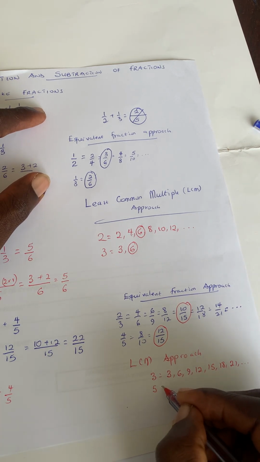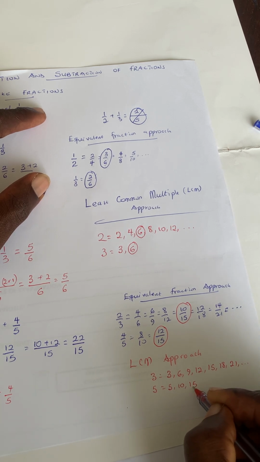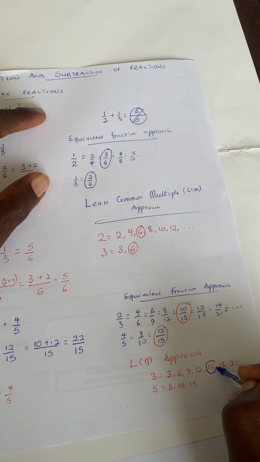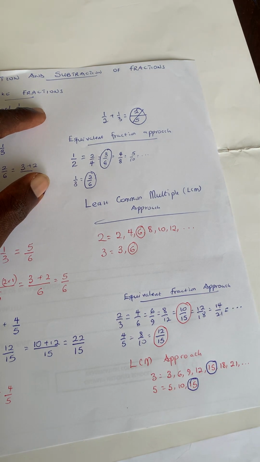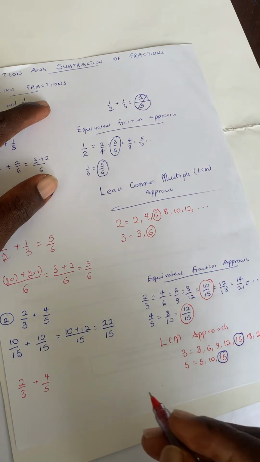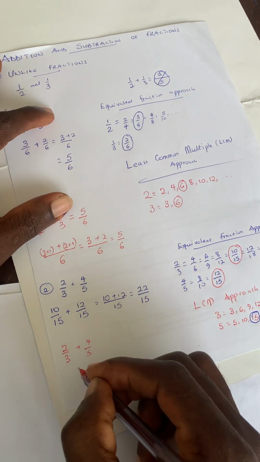For 5, you'll get 5, 10, 15. You see that 15 is the common multiple for both 3 and 5. All right, so we get our LCM to be 15.